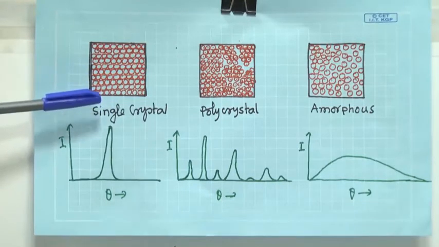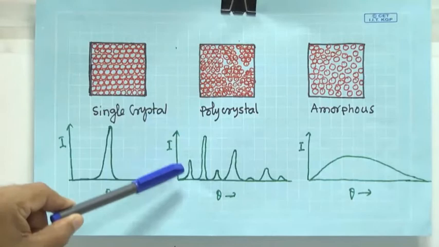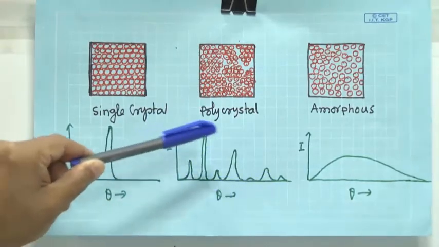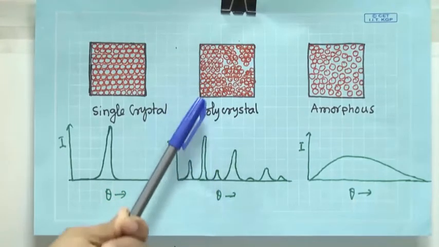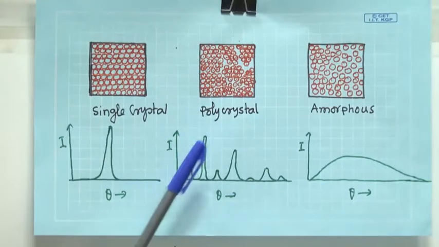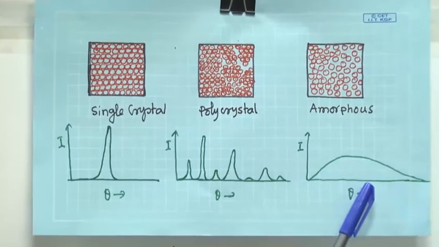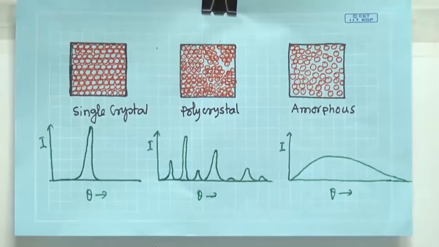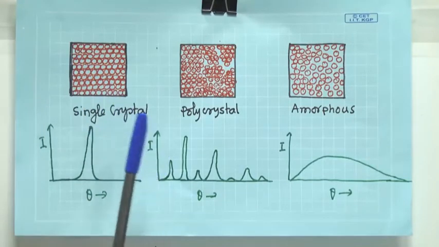If we get multiple peaks from this sample, then we say it is polycrystalline, and if we get broad peaks, then we say it is an amorphous material. So, seeing the diffraction pattern from the material, one can tell whether it is single crystalline, polycrystalline, or amorphous.